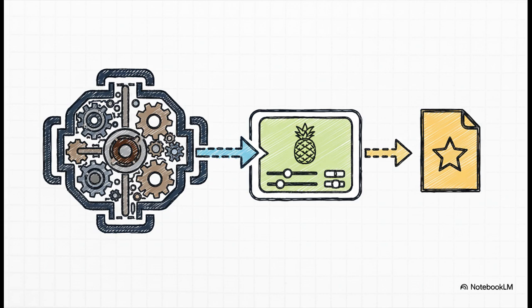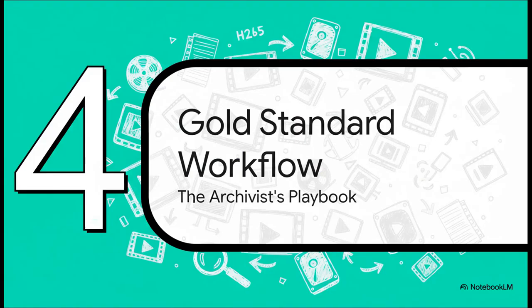HandBrake is FFmpeg. It's built right on top of it, using that same powerful engine under the hood. But its real magic is in the sane defaults and those expertly tuned presets. It takes all the insane, overwhelming complexity of FFmpeg and just guides you. It keeps you from making bad choices and points you straight to a fantastic result, with no command line needed. Okay, decision made. HandBrake is our champion.